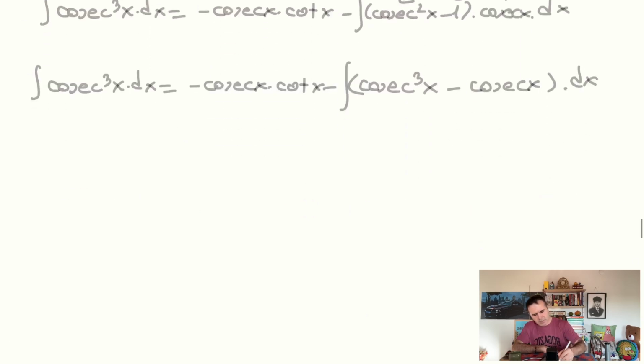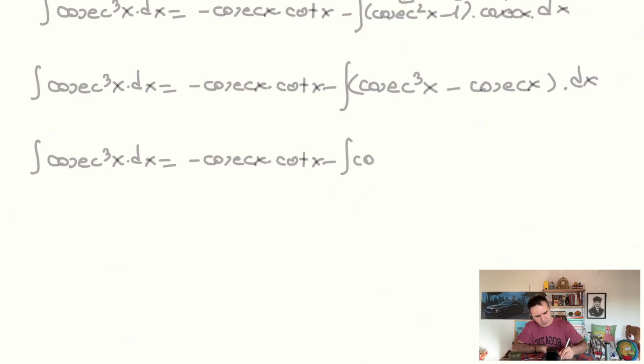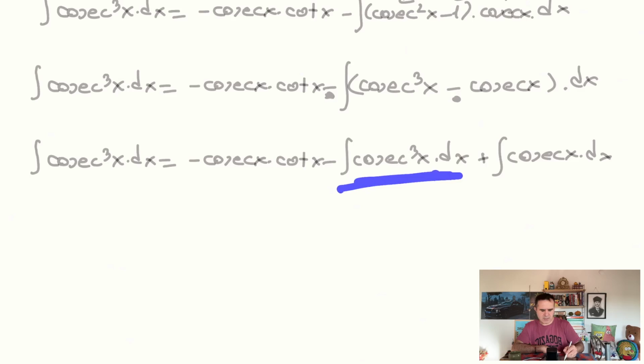Now this will be equal to minus integral of cosecant cube x dx, and minus becomes plus integral of cosecant x dx. As you see here, we have cosecant cube x dx and cosecant cube x dx.